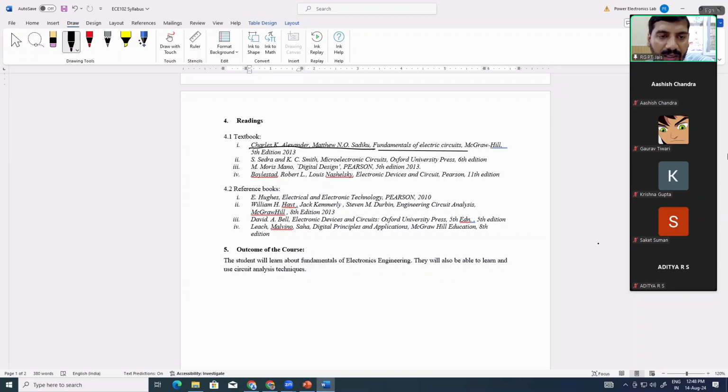As a textbook, you have to follow this book. For digital topics, you have to follow the Morris Mano book, Digital Design, Pearson publication.